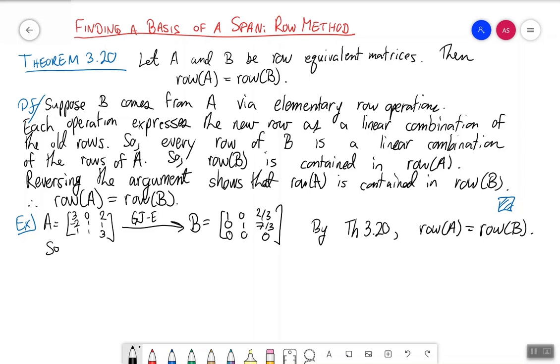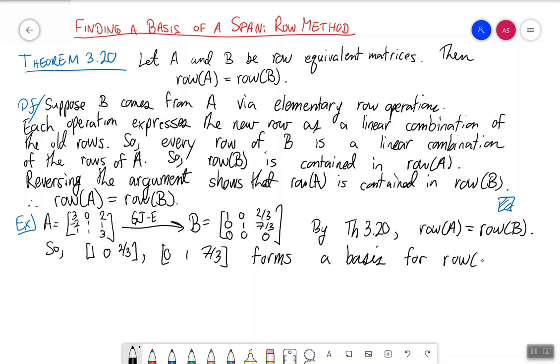So therefore, 1, 0, 2/3, and 0, 1, 7/3 forms a basis for the row space of A, because it forms a basis for the row space of B, and the row space of B is equal to the row space of A.